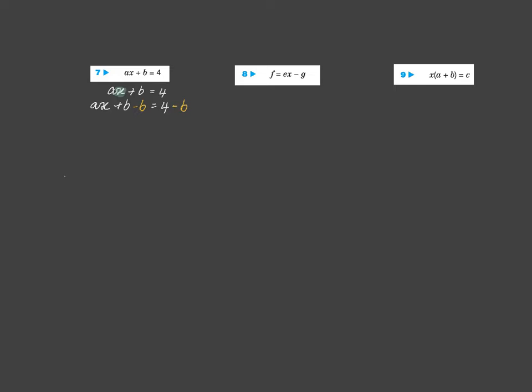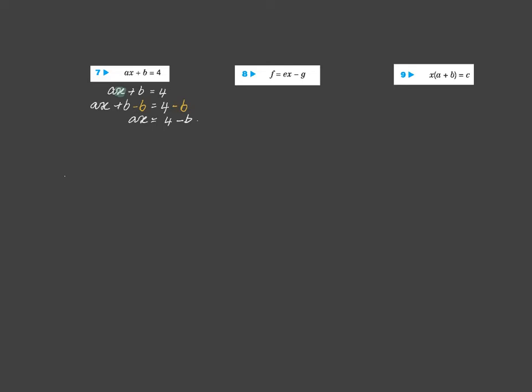The result of that is on the left minus b plus b gives you 0, and so you are left with ax is equal to 4 minus b. You have to divide by a on both sides, and then you must remember on the right hand side to divide both terms by a.